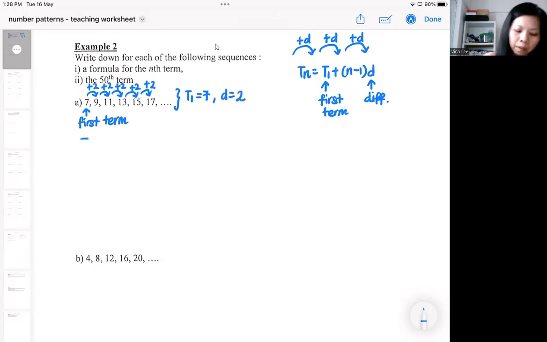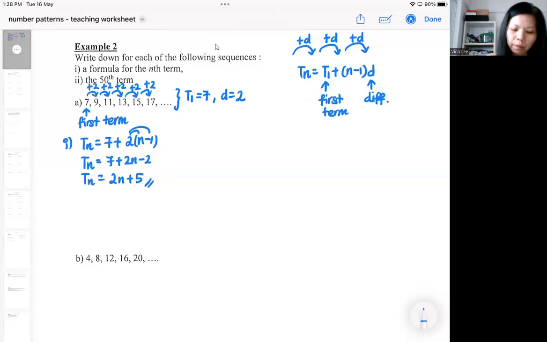So I'm going to plug it into the formula. The first term is 7, and 2 is the common difference. Then you do your normal algebra, and you will get 2n plus 5. So that will be your general formula.